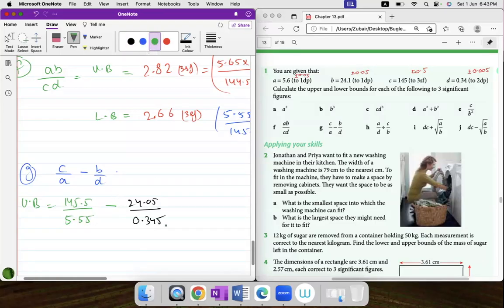Why so? Higher value for D makes this overall fraction small, so we get a larger final number when we subtract. That's still going to create a bigger difference, so it's going to be the higher value. Yes.